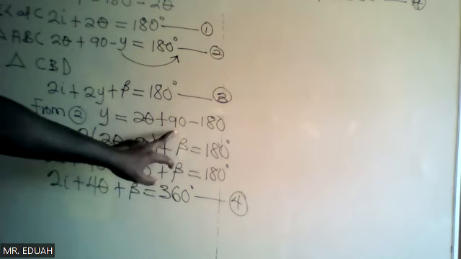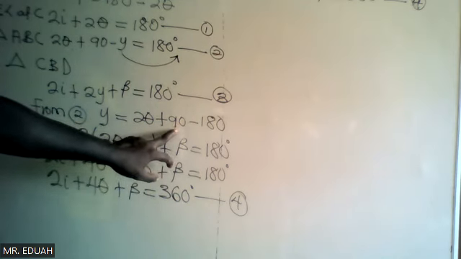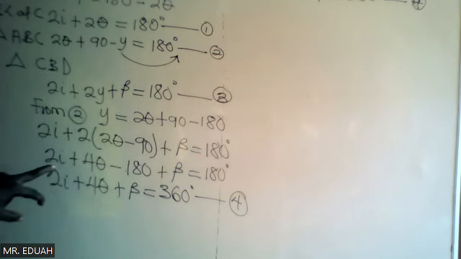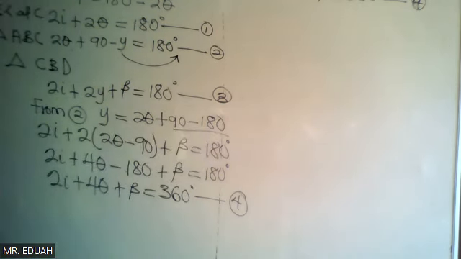So when you subtract 180 from 90, it is equal to negative 90. Have I answered you? So it's from here, 90 minus 180. I think I was jumping.